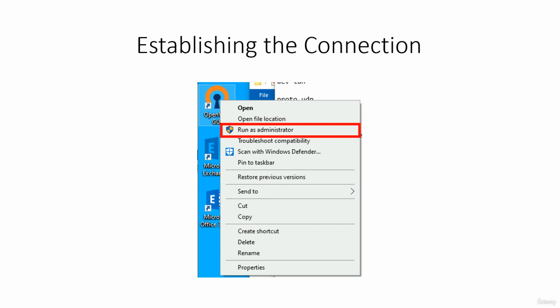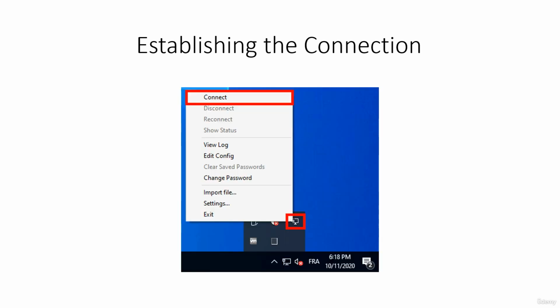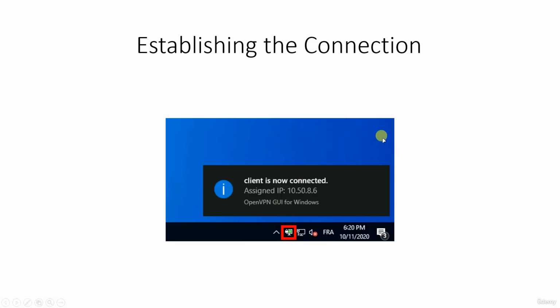After clicking run as administrator, it will open an icon in your taskbar. Then right click on this button, which is the computer icon, and click connect, and a pop-up will confirm whether you are connected or not. If you are connected, it will look similar to this, in OpenVPN GUI for Windows.